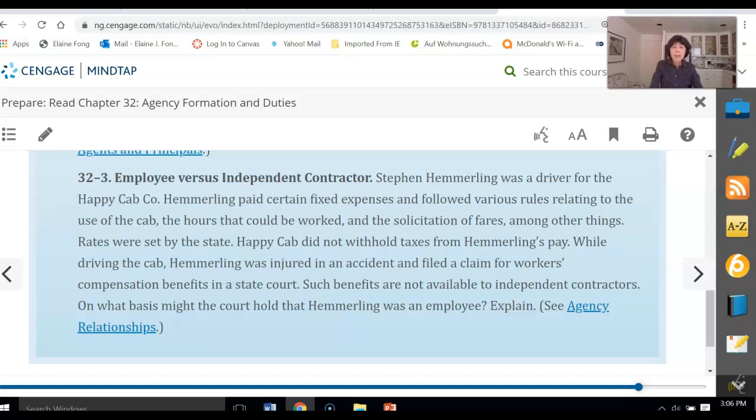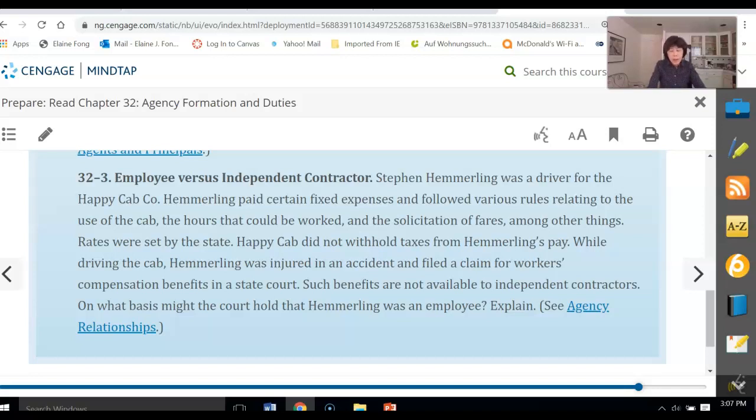Again, that's a fact that lends itself to concluding that Hemmerling is an employee. There is one fact here that maybe indicates that Hemmerling is an independent contractor. And what fact is that? That Happy Cab does not withhold taxes from his paycheck. There's no withholdings.